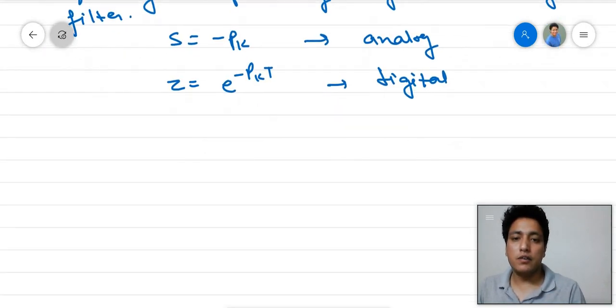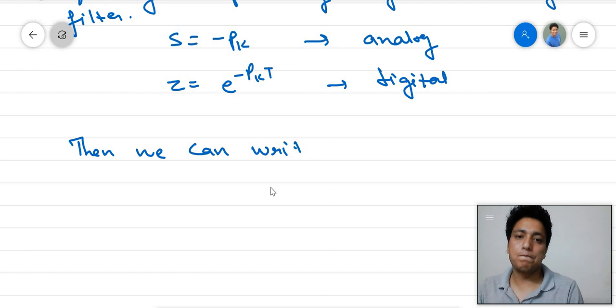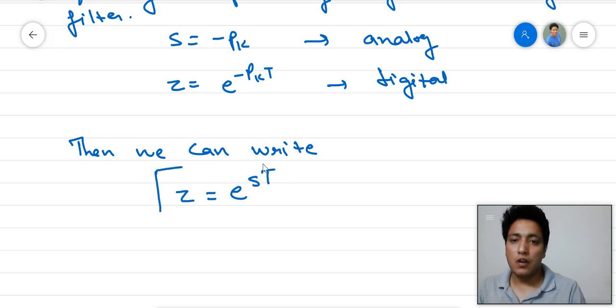Then we can write z is equal to exponential st. It is a very important relation.